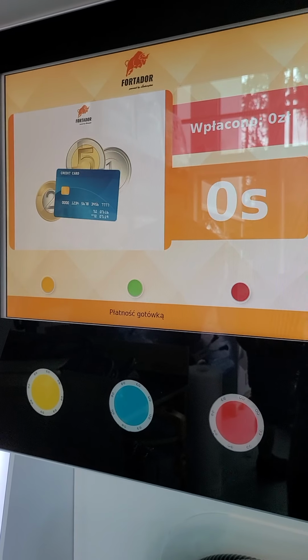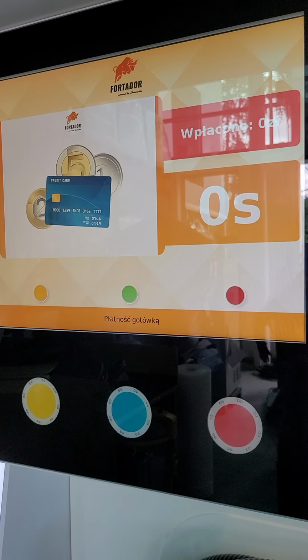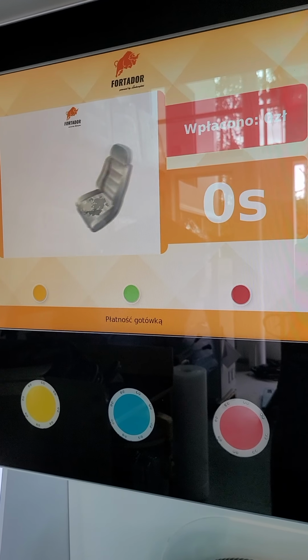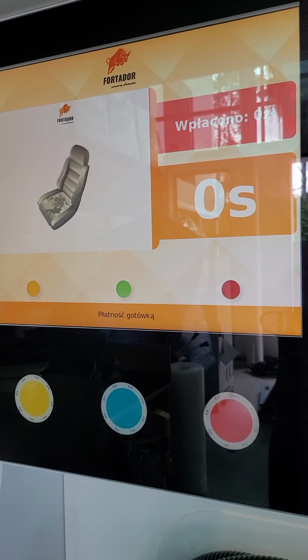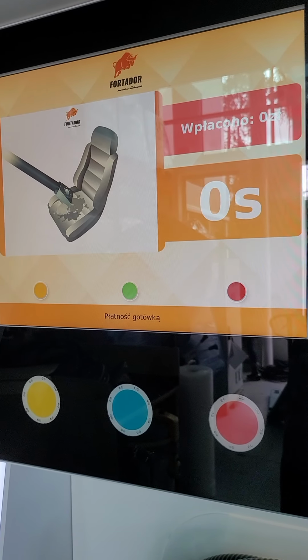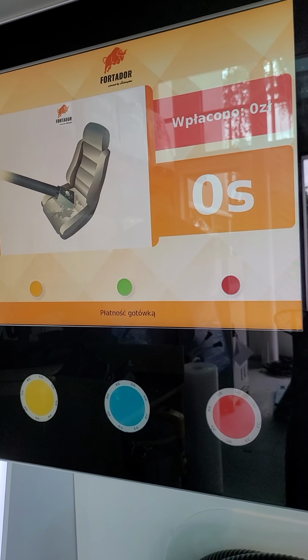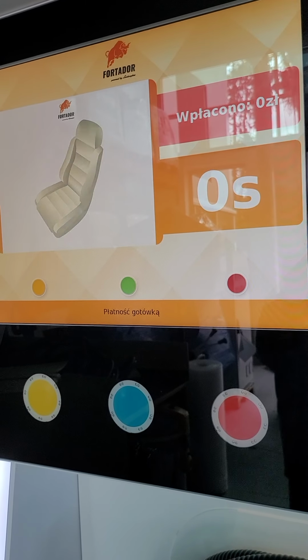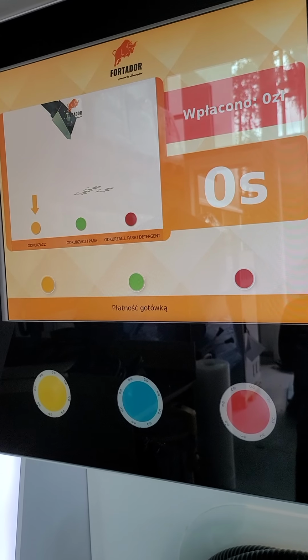Now it says you could put in a coin or a credit card, and you could use the machine. The machine is now telling that you could remove all the stains, germs and bacteria from the upholstery of the car.